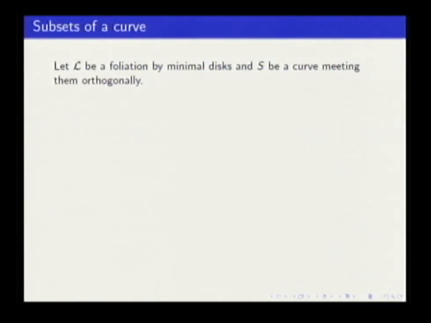And let me talk about one other thing you can get from the dichotomy theorem, or from the existence theorem and the dichotomy theorem. So here we get these examples where you have an arbitrary curve.